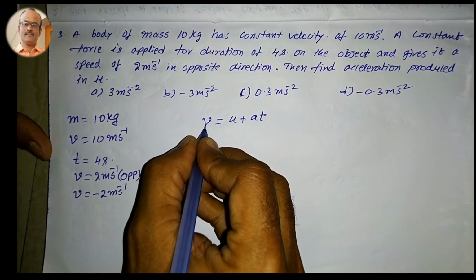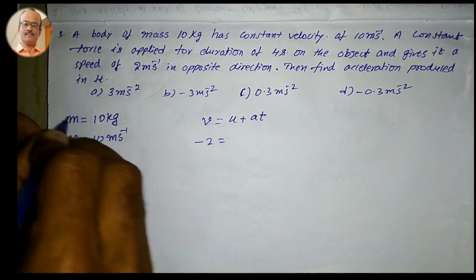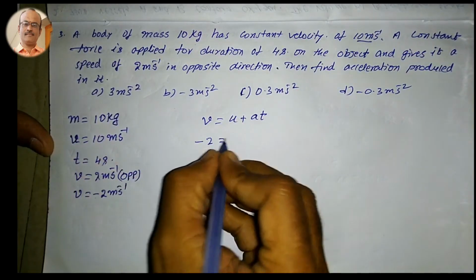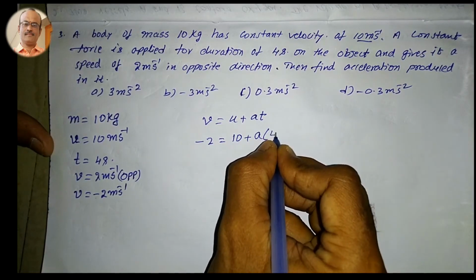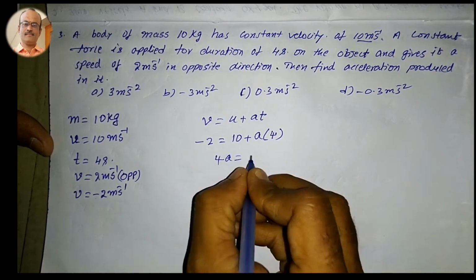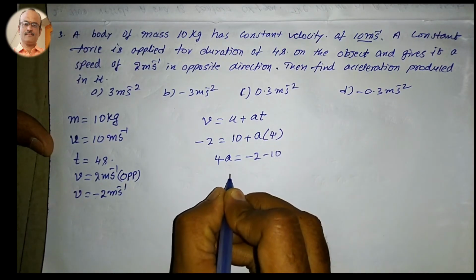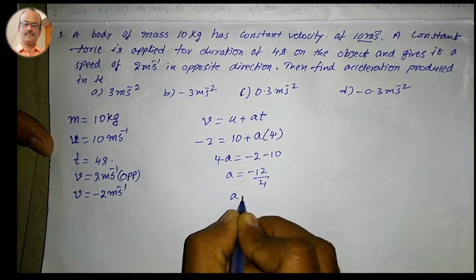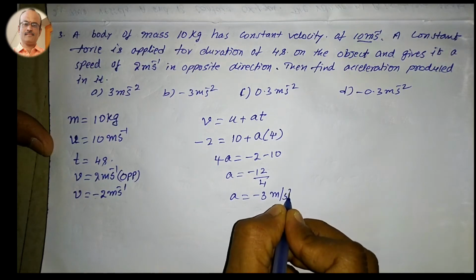Here v is in the opposite direction, so minus 2 is equal to, initially it is moving with 10 meters per second, so the initial velocity u is 10, plus a into the time, which is 4 seconds. So 4a is equal to minus 2 minus 10. A is equal to minus 12 divided by 4, and a is equal to minus 3 meters per second square.